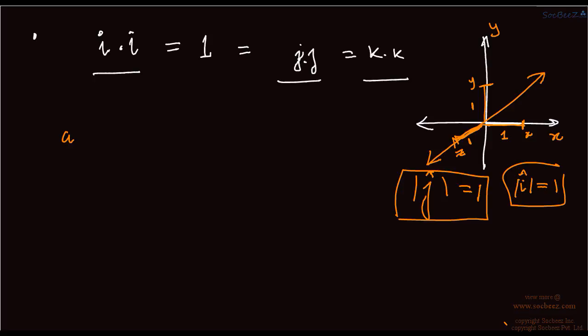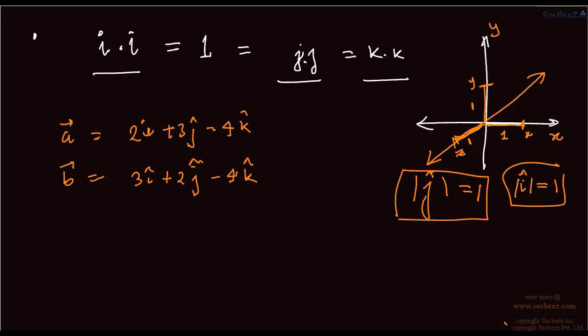Suppose you have an example: vector a is 2i cap plus 3j cap minus 4k cap, right? And vector b is given to you as 3i cap plus 2j cap plus 4k cap. Now you have to do the dot product of these two vectors.